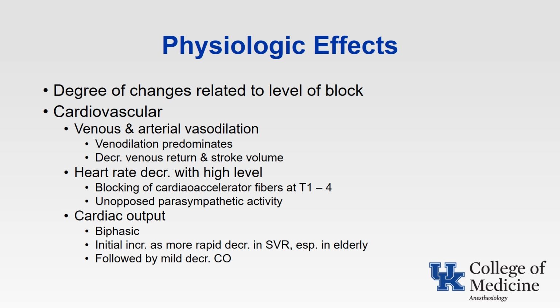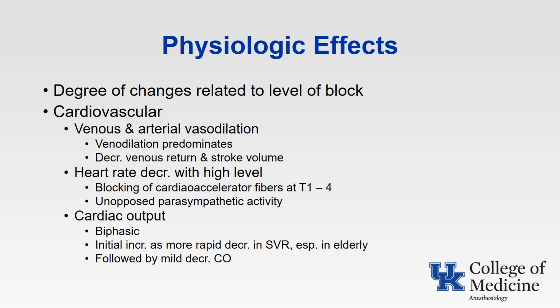Now let's talk about some of the physiologic effects of neuraxial blockade. First of all, the degree of changes, of course, is going to be related to the level of the block, particularly your sympathetic block. If it's a T4 sympathetic block, you're going to have greater degrees of cardiovascular changes than if your sympathetic block level is T8 or T10.